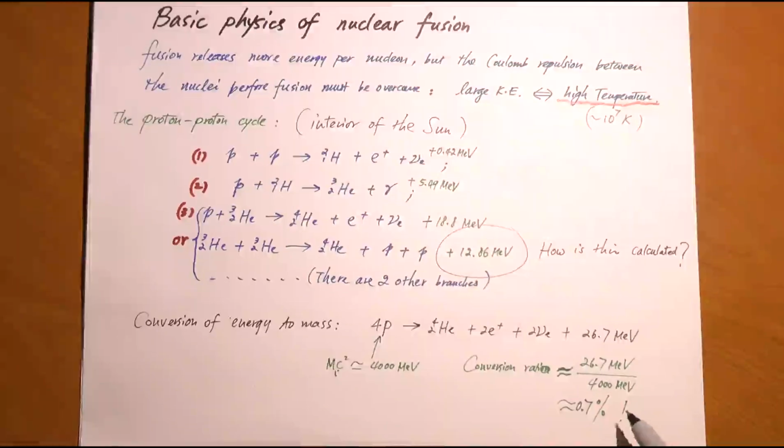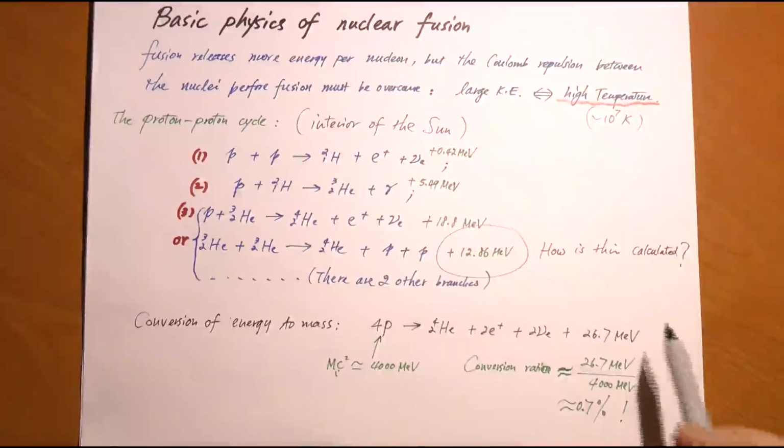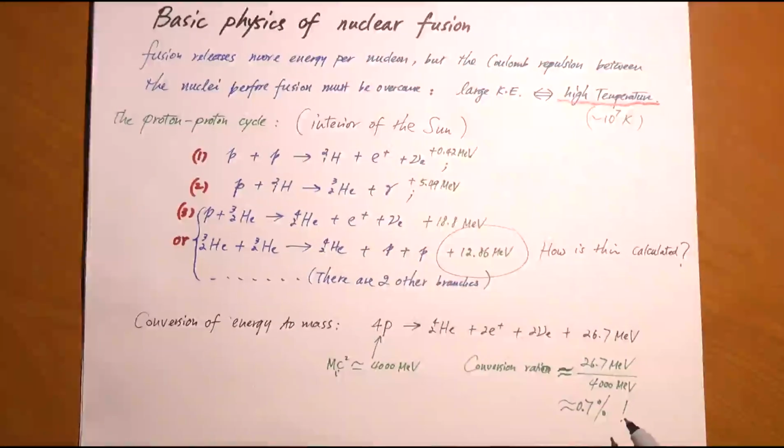So it's about 7 times greater energy conversion rate. So 7 times more energy per gram of fusion material compared with per gram of fission material. It's highly energetically efficient, 0.7% conversion. You compare that with a typical chemical reaction, which is about 1/10 millionth of energy conversion from mass, which we can ignore, so the mass is essentially conserved.